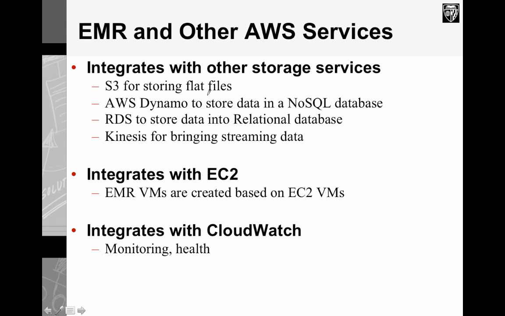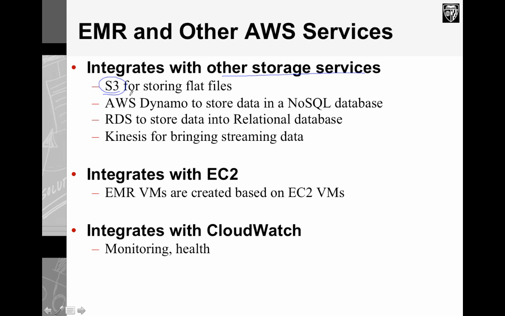The cool thing about Amazon Web Services is that when they bring in a service, they actually integrate it with several other services that are there in their ecosystem. And that is completely true for the AWS EMR service also. The EMR service integrates with other storage services. S3 is very important.